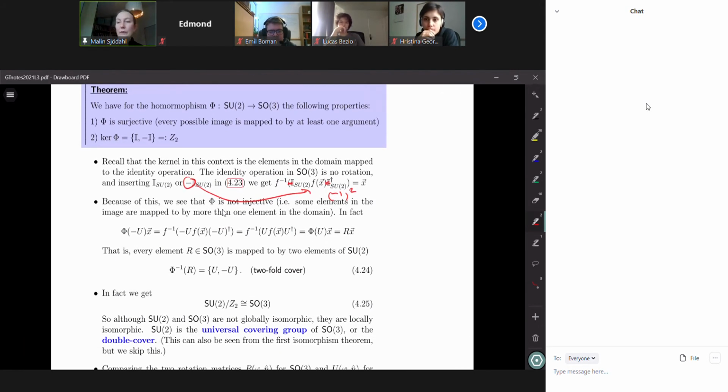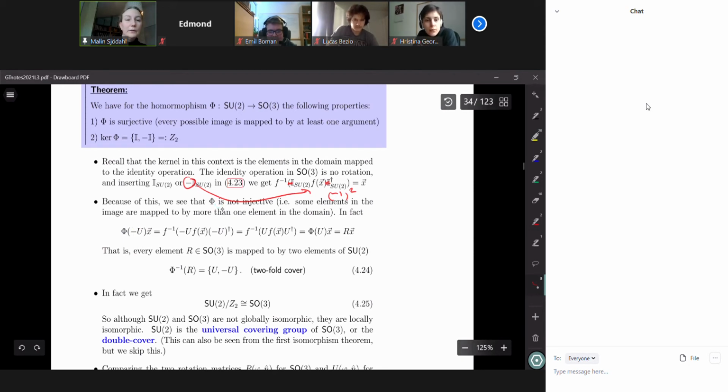So because of this, we find that some elements in the image are mapped to by more than one element in the domain. And in fact, it's not only some, because if we instead consider a general u, and we consider phi of -u instead of phi of u.